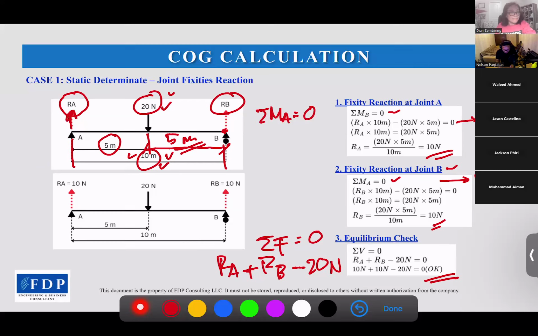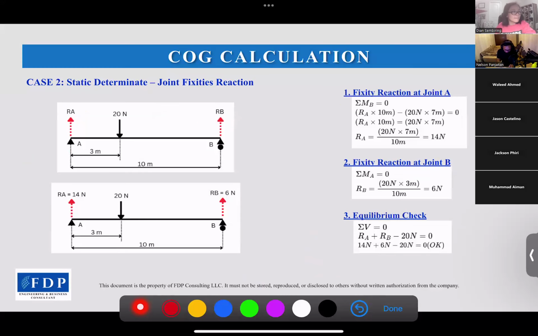And then we get into case 2. So we have the same case, but the 20 Newton force moves 2 meters closer to A. So the 20 Newton will be 3 meters from A, and then to B, it will be 7 meters. We want to get the joint reaction at A, so we use the total moment at B is 0.